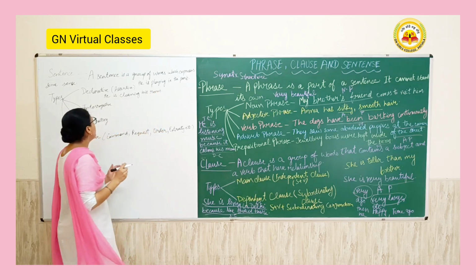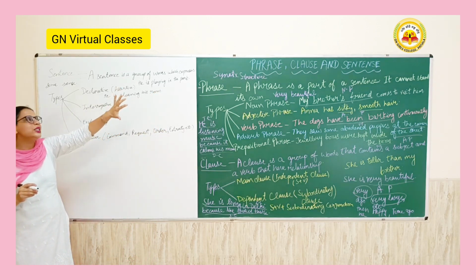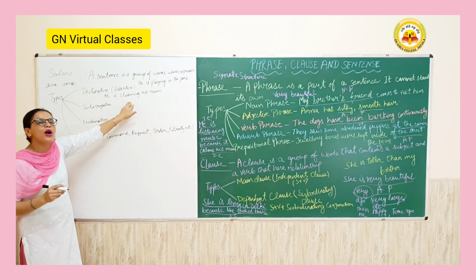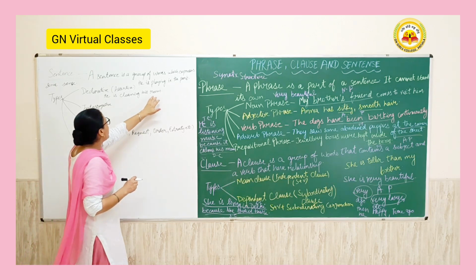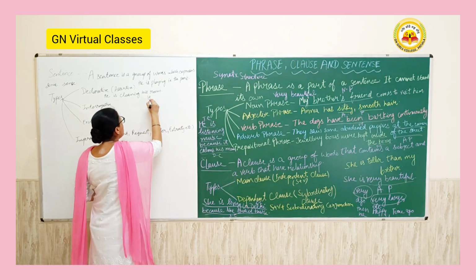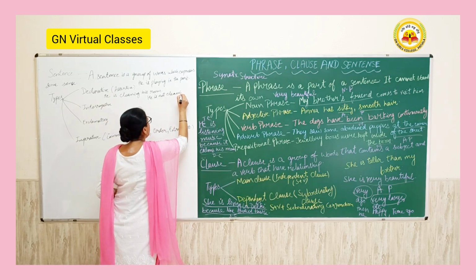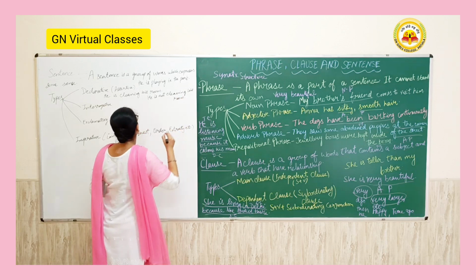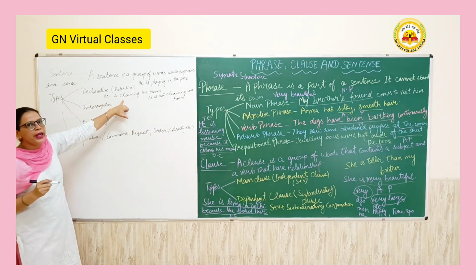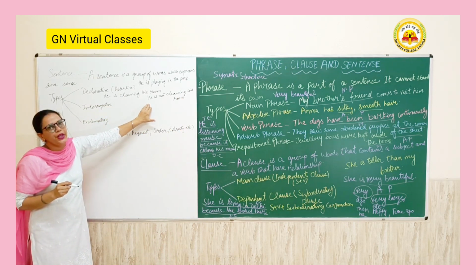This is declarative because we declare he is cleaning his room, and this is a positive form. If I write here the negative form, he is not cleaning his room. This is a positive declarative. This is a negative declarative.